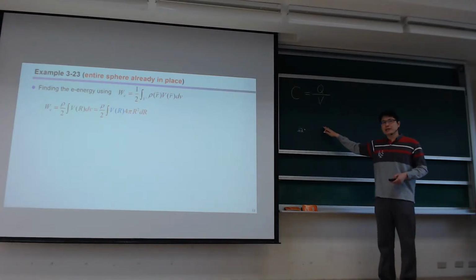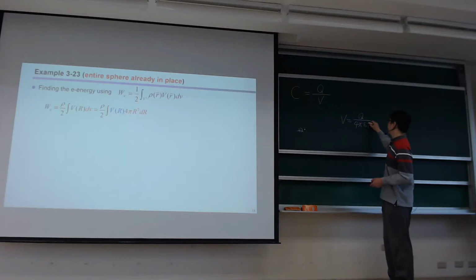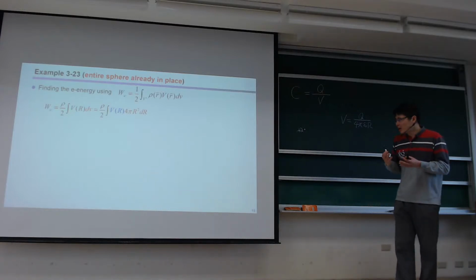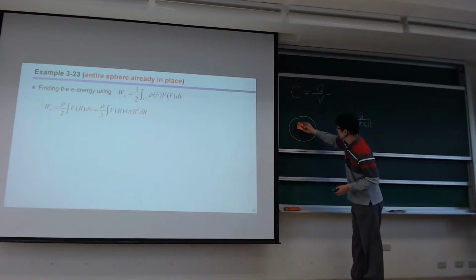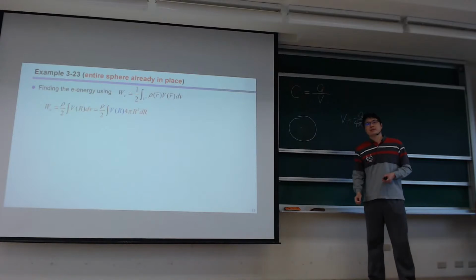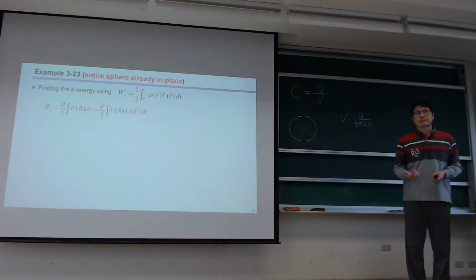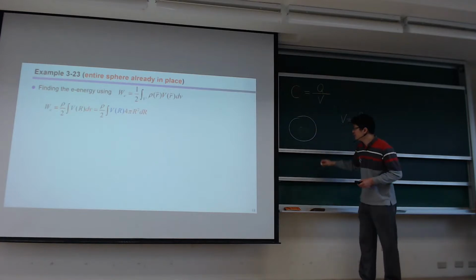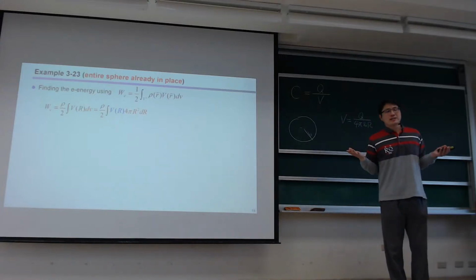If we only have one single charge, we know that V is Q divided by 4 pi epsilon 0 r. Simple, straightforward. We went over it many times. But now the fact is, I have a sphere of charges, meaning this charge distribution has a finite size.